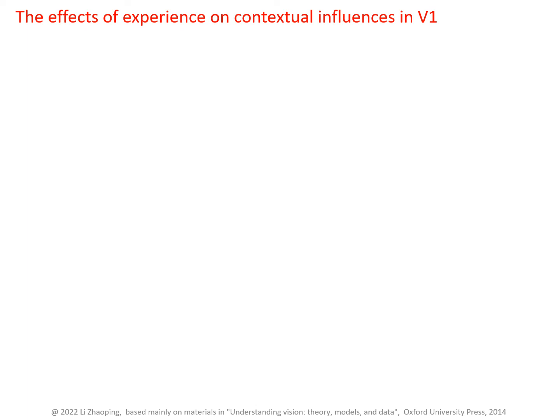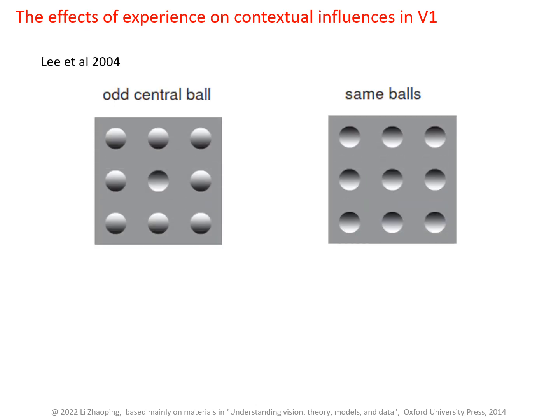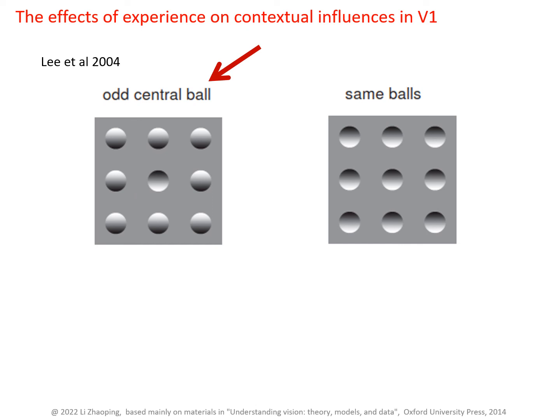Contextual influences in V1 also seem to depend sometimes on the monkey's experience. For example, for these two visual input images, the red dashed box is the receptive field of a V1 neuron being recorded. The same shaded ball is inside the receptive field. In this case, this central ball is the odd one out in its shading.